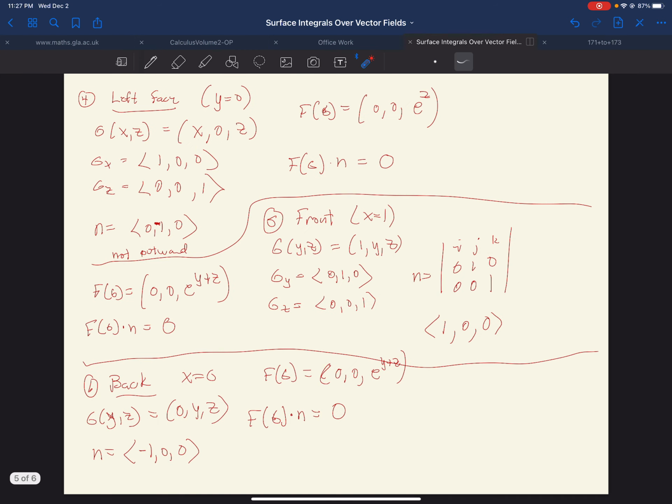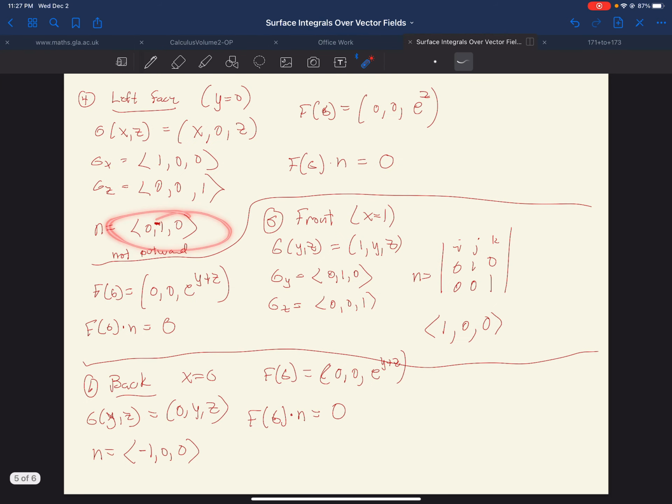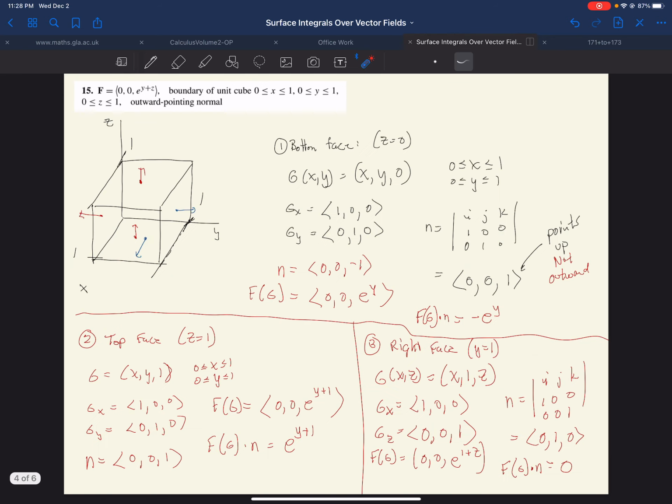Okay, left face. The left face, y is 0. So we have x, 0, z. Take the derivatives, find the normal vector. It did come out to be 0, 1, 0, because this was exactly the same as that, so I stole that normal right there, but it wasn't outward because it would point that direction.